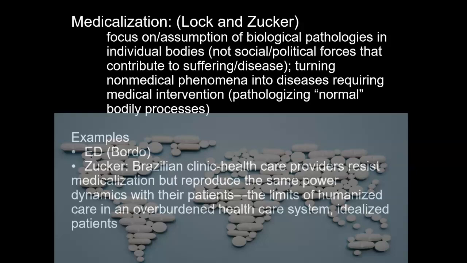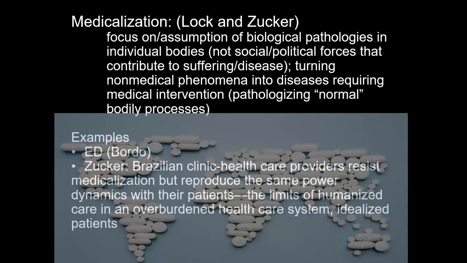One is, again, coming from Bordeaux, the scholar that we talked about in the previous slide, who wrote an interesting piece where she talks about medicalization in terms of the illness category called erectile dysfunction. One of the things that she suggests is that this is an example of the pathologizing of what are really quote unquote normal or expected processes within male bodies, right?